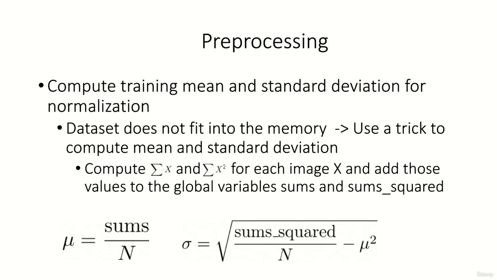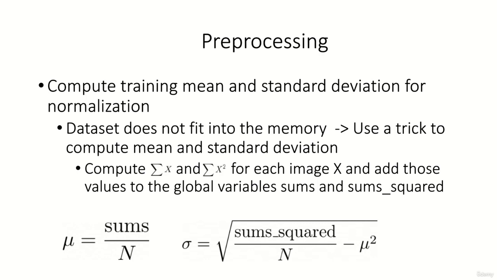Additionally, we compute mean and standard deviation of the training dataset for the purpose of normalization. However, the dataset is quite large and may not fit into the memory. Thus, we will use a little trick which allows us to still compute those 2 values.